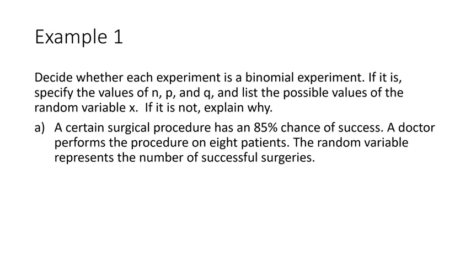So I have a certain surgical procedure that has an 85% chance of success. The doctor performs the procedure on 8 patients. The random variable represents the number of successful surgeries. So I need a couple of things. One, I need independence.